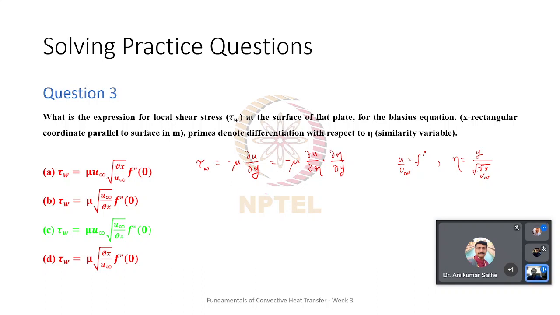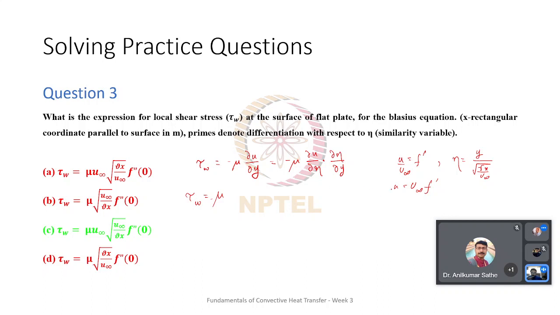So if we come back here, let's do away with the negative sign. That can be taken care of by the convention. Now u can be written as u infinity into f prime.